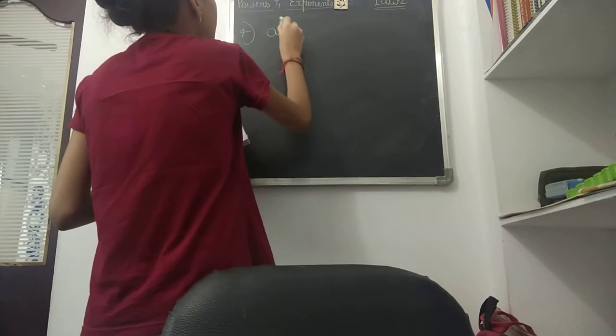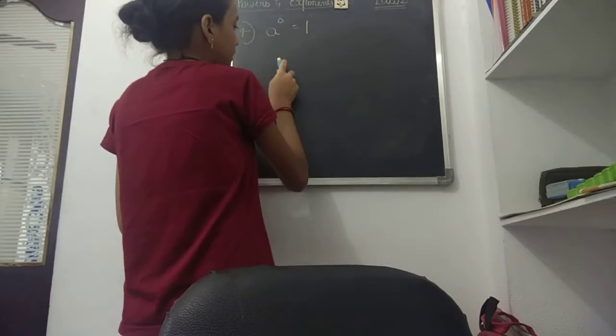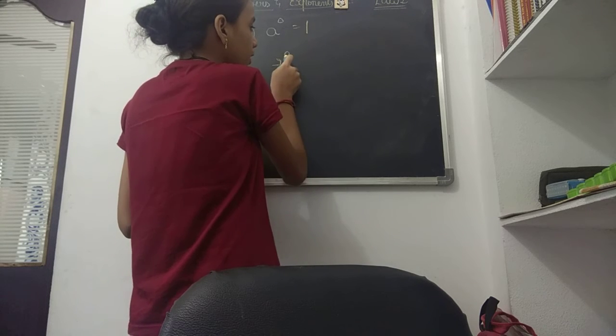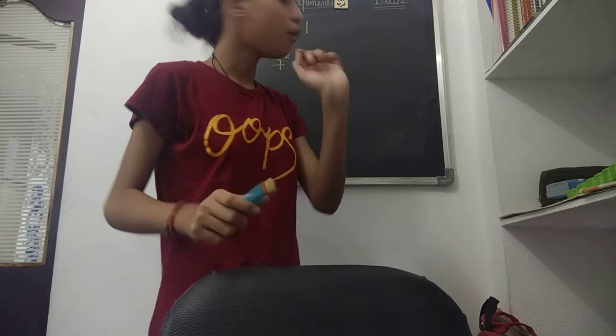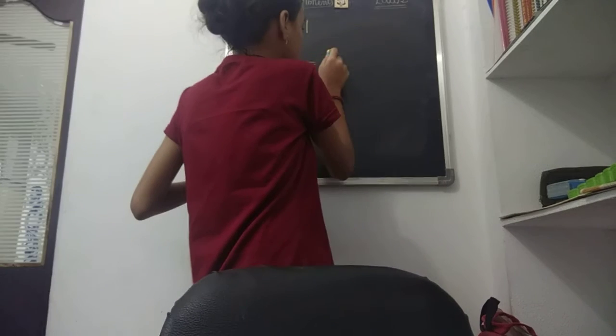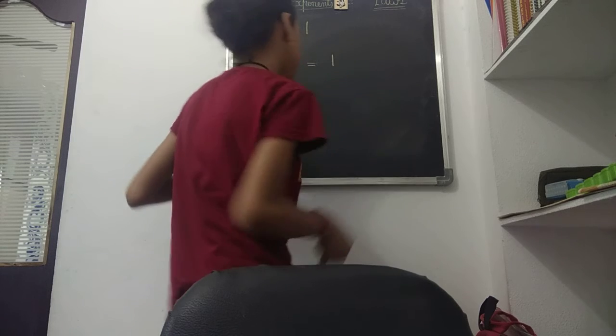So the fourth one is a to the power of 0 is 1. Actually, there is a rule that 7 to the power of 0, if 0 is placed in the place of the power, is simplified into 1.